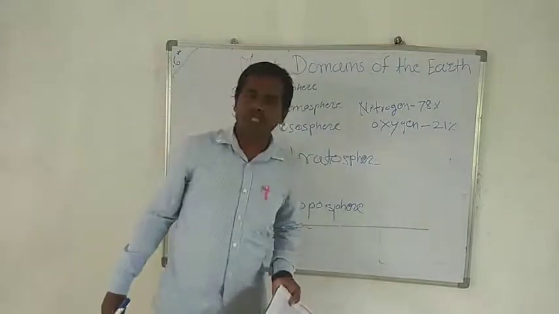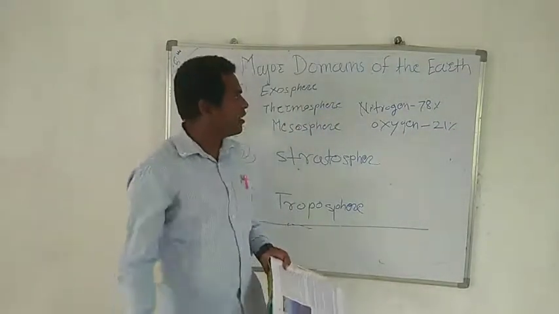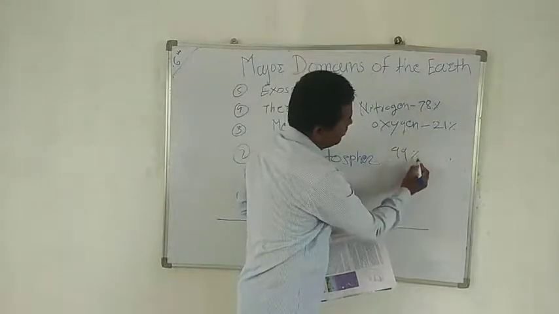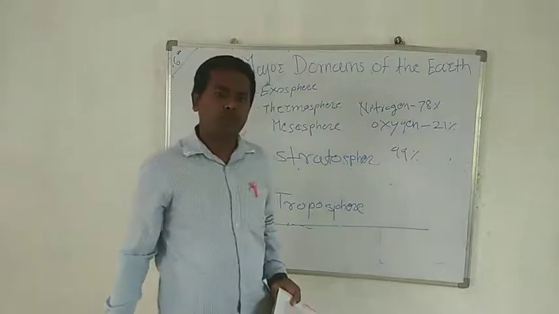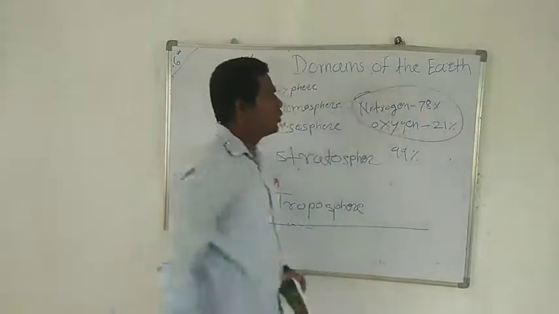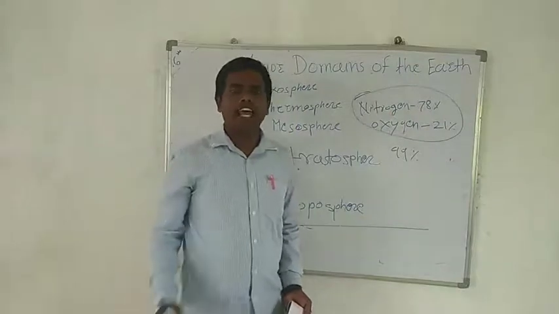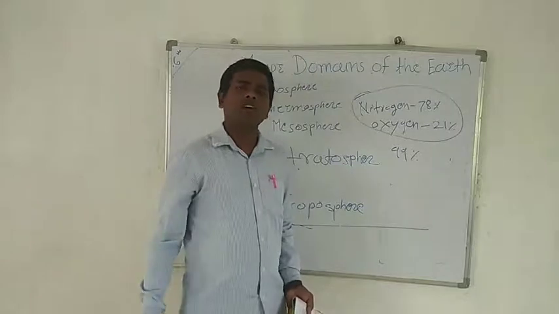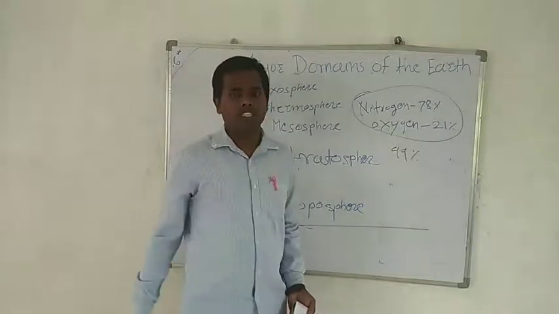So 99% of the atmosphere is made by these two gases, and the remaining 1% is made up by all the other gases.